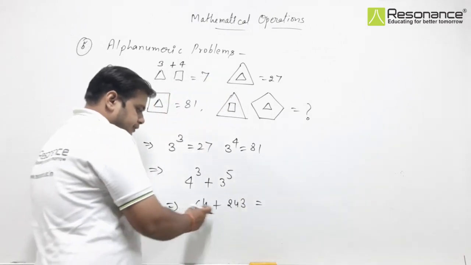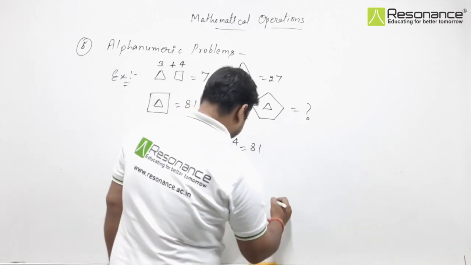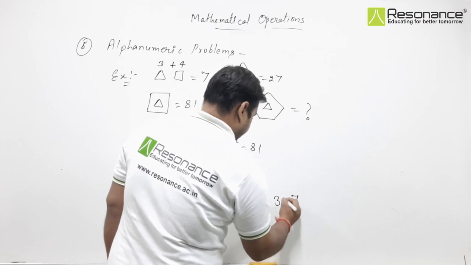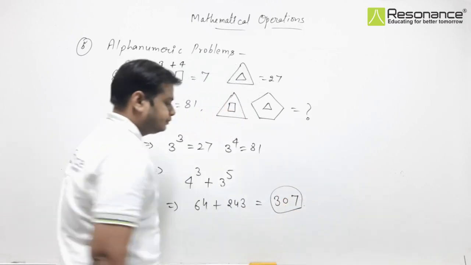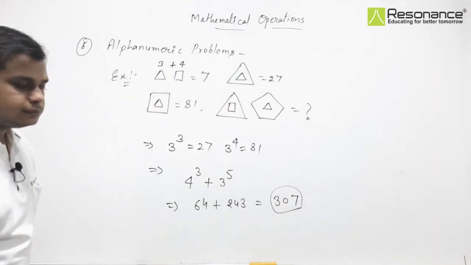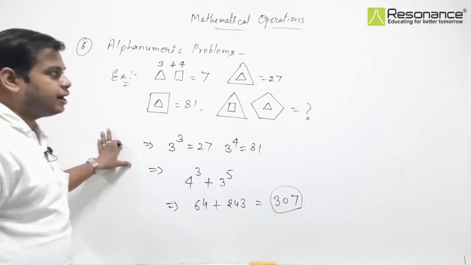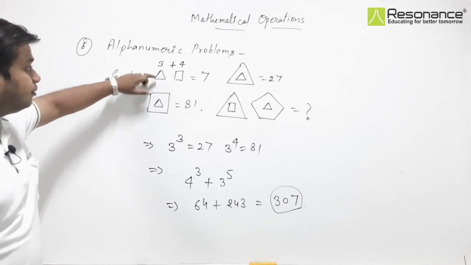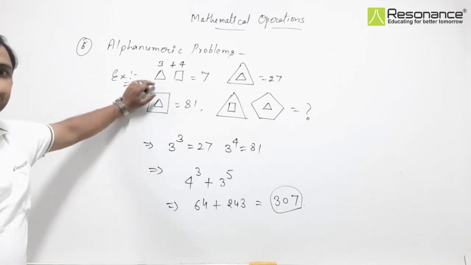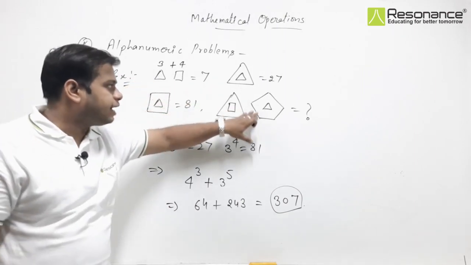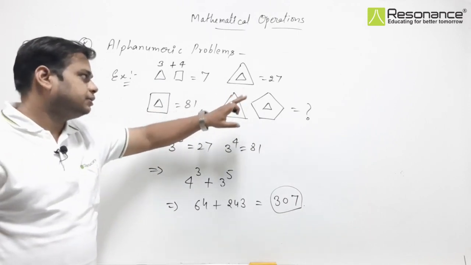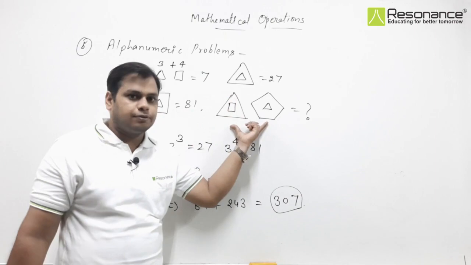So when we solve this, we will get 7307. So this is also a kind of alphanumeric puzzle where numbers are replaced by some diagrams. We have to understand the relation between the diagrams, what is going on and how we are finding the numbers. Then we have to apply it for the particular diagram.